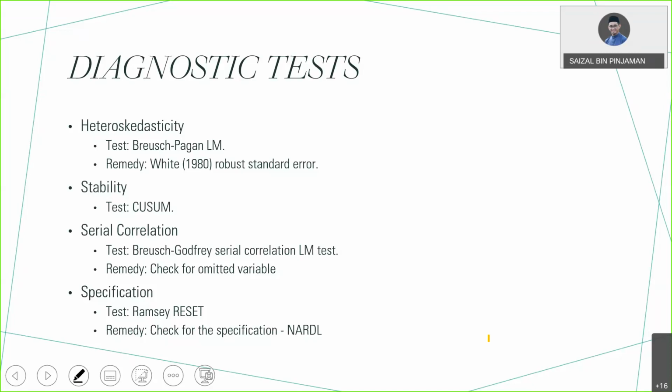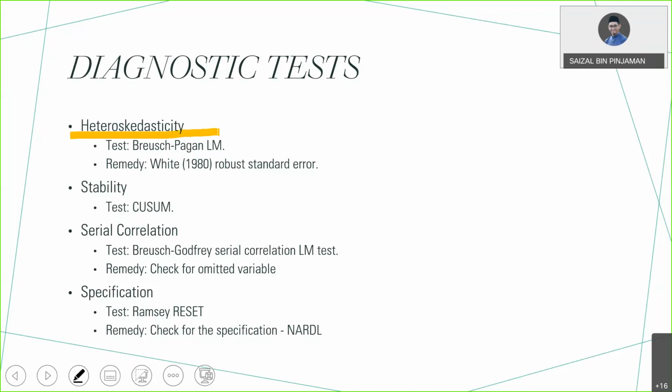One of them is, of course, the heteroscedasticity test. In identifying that our model is homoscedastic, homoscedastic means the variance of the error term is constant across time. This is an important and significant assumption for time series data and panel data as well.